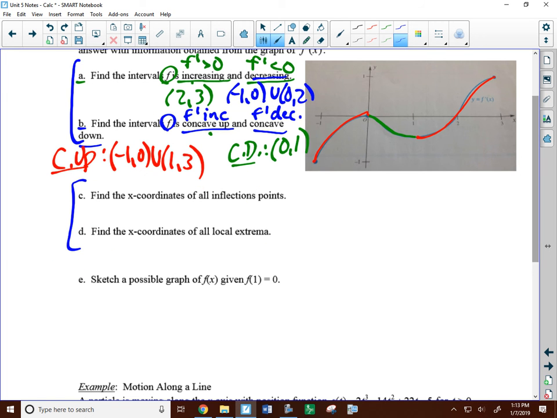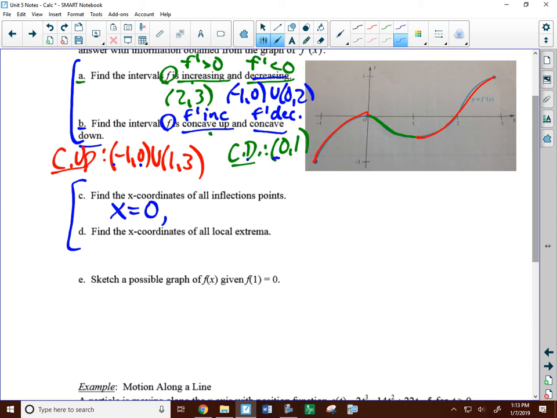So let's just look at part B. -1 to 0 is concave up. But then at 0, it switched. It became 0 to 1, concave down. So at x equals 0, it switched from concave up to concave down.